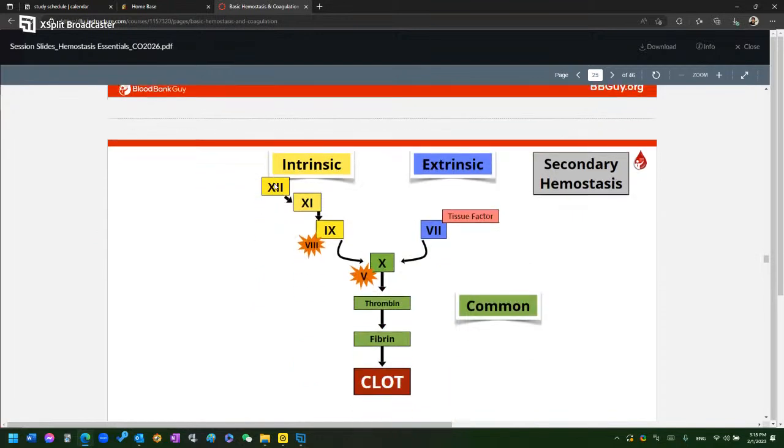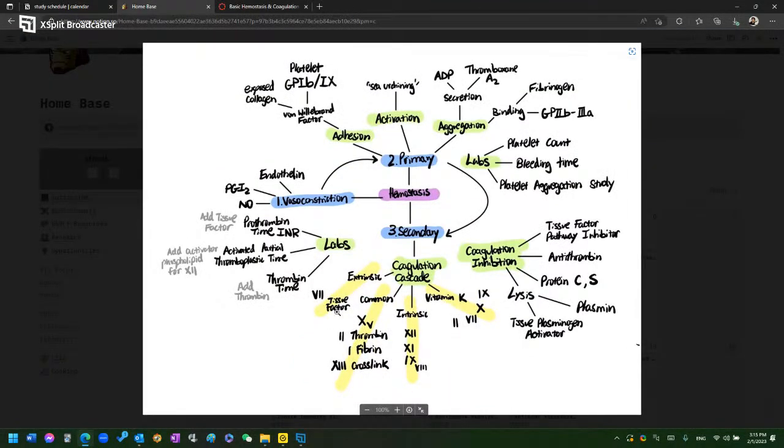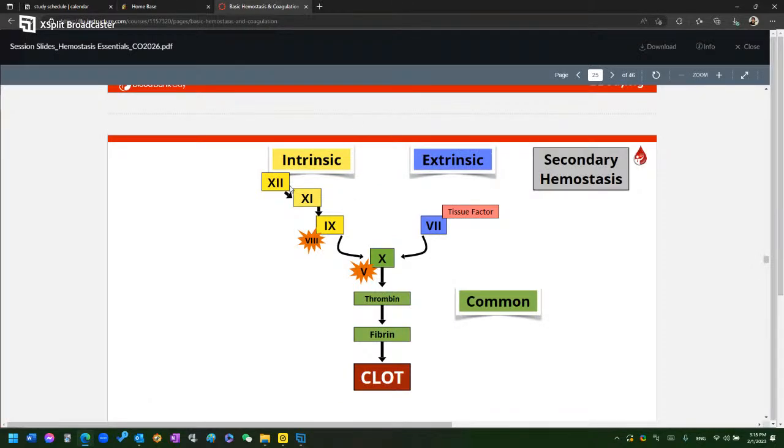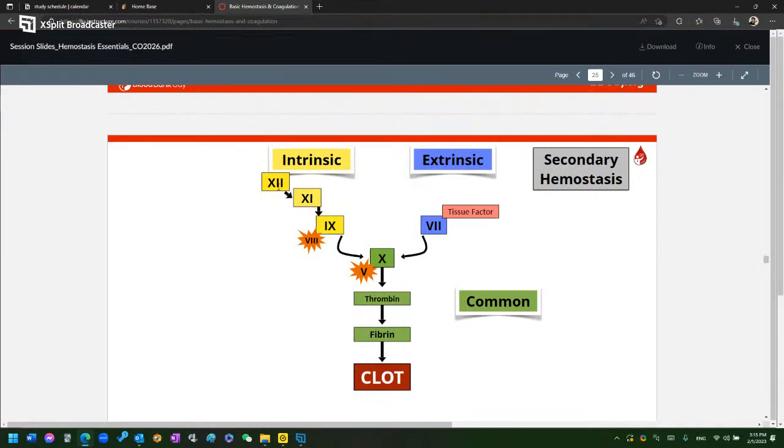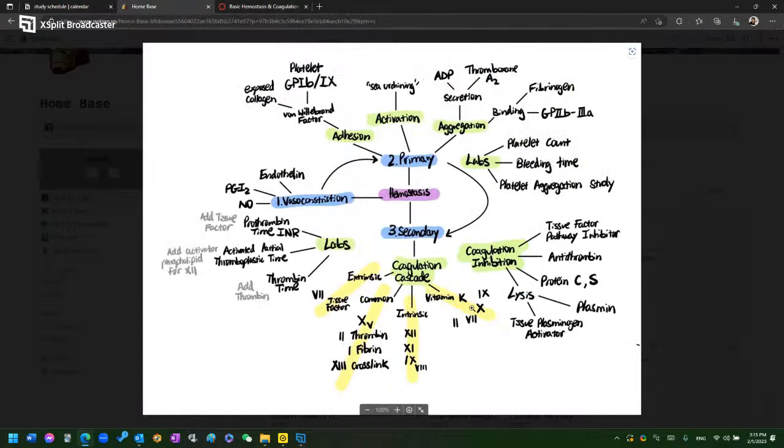So the extrinsic pathway, which is caused by tissue factor, also known as factor 7, will directly activate the common pathway, which is 10, 2, 1, and then 13, versus the intrinsic pathway, which starts with factor 12 and goes from 12 to 11, 11 to 9, 9 to 10, and then this is 7. 8 and 5 are also involved over here as well, so I've written them in.